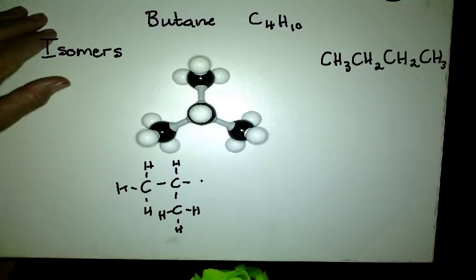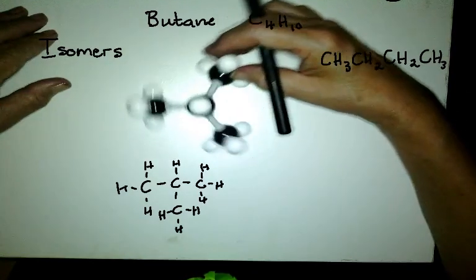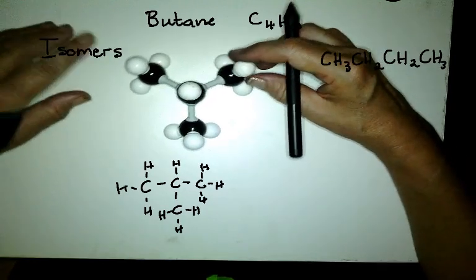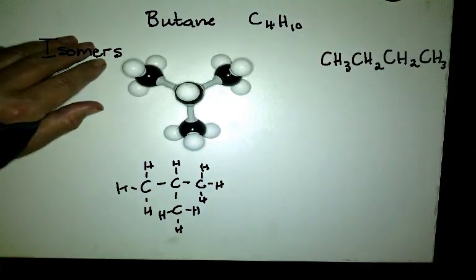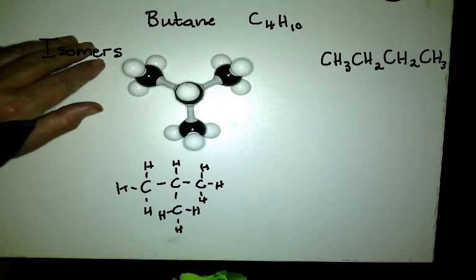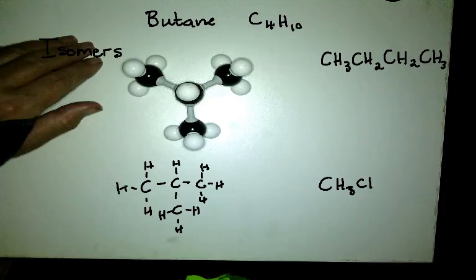This carbon is joined to a carbon with 3 hydrogens. Now we can't call this molecule butane anymore. We have to distinguish between this molecule, the CH3, CH2, CH2, CH3 molecule, and this molecule, the CH3, CH in brackets CH3, that indicates this side chain, and CH3.